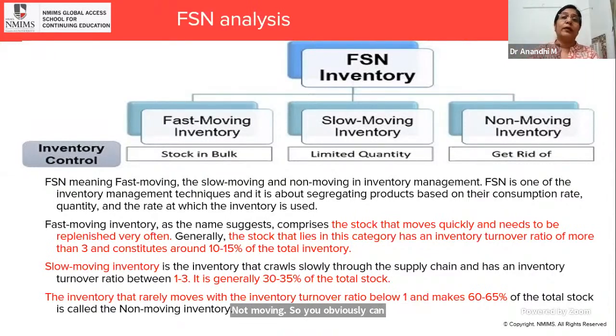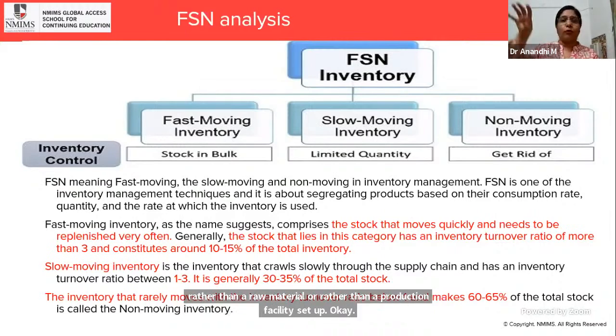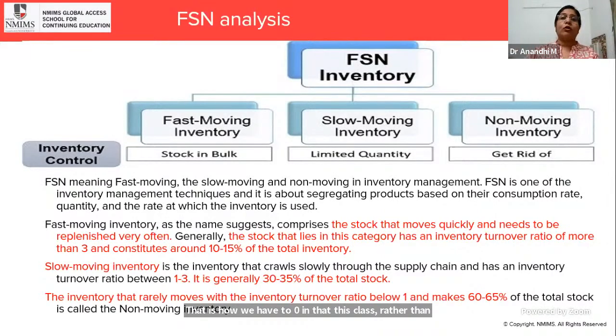That is more relevant when such analysis is done for a finished product rather than a raw material or a production facility setup. That is how we have to zero in on which classification technique is more appropriate for a particular sector or function. So most preferably it should be a finished product.